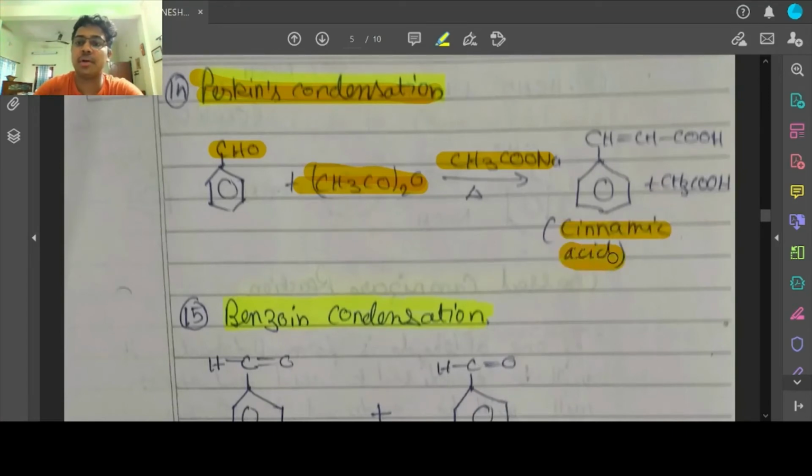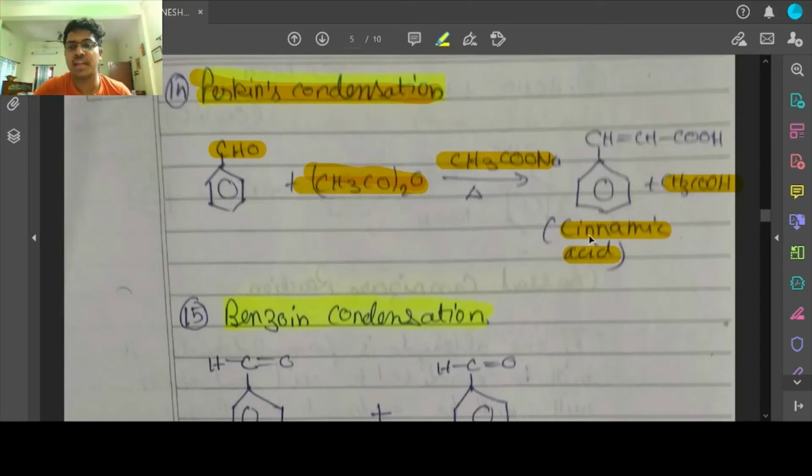This thing is very important, so note it. Acetic acid is also formed. So benzaldehyde on reaction with acetic anhydride in the presence of the sodium salt of acetic acid as a catalyst forms cinnamic acid and acetic acid. In the Claisen-Smith reaction, we observed that cinnamaldehyde was formed; here in Perkin condensation, cinnamic acid is formed.